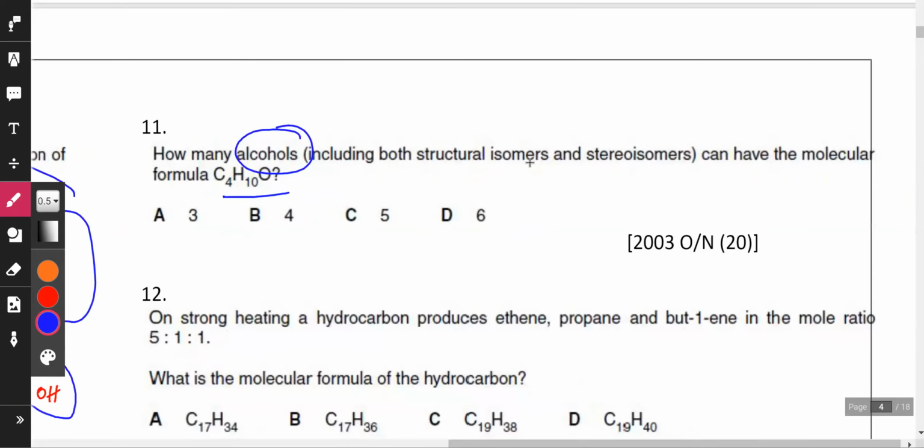How many alcohols can you make? You have to make all the possible structural isomers and the stereoisomers as well. Send me the solution. An alcohol has an OH group, and it has to be C4H10O.